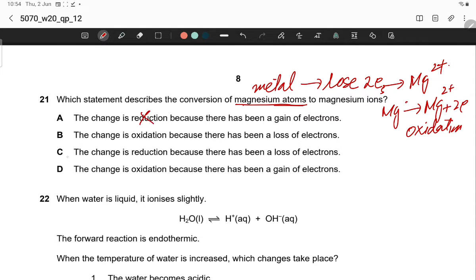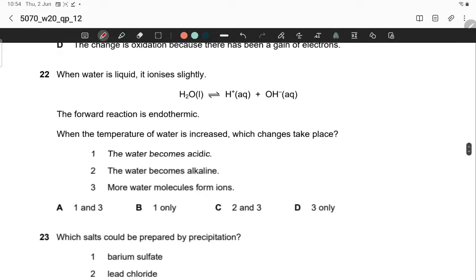So reduction is not correct. The change is oxidation because there has been a loss of electrons. This is correct.